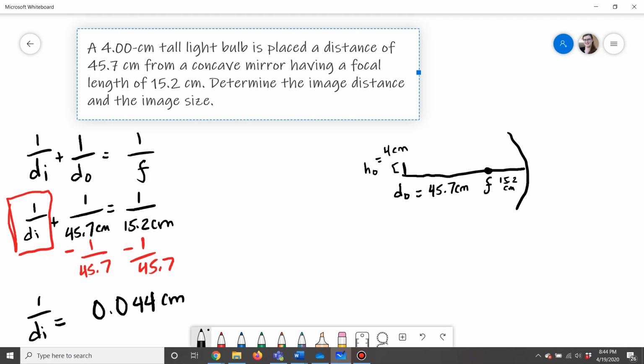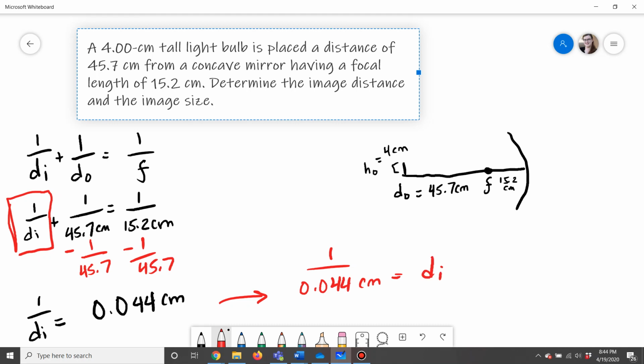Okay? And then all I have to do to figure out what my image distance is, set it up like this. I'm going to switch places where I have 1 over 0.044 centimeters is equal to the image distance.